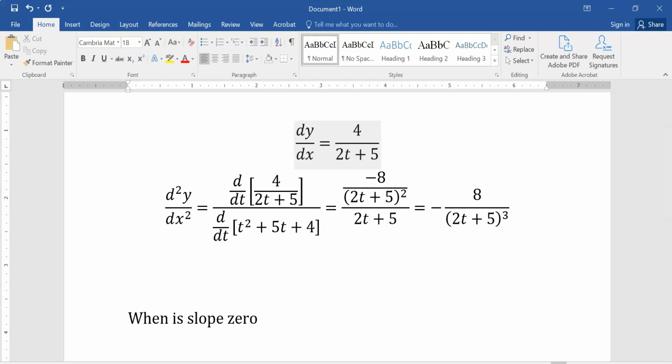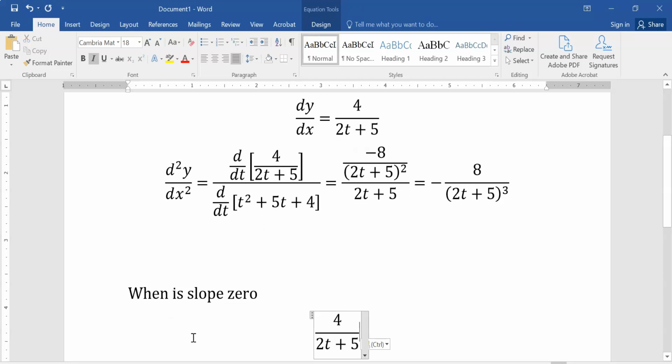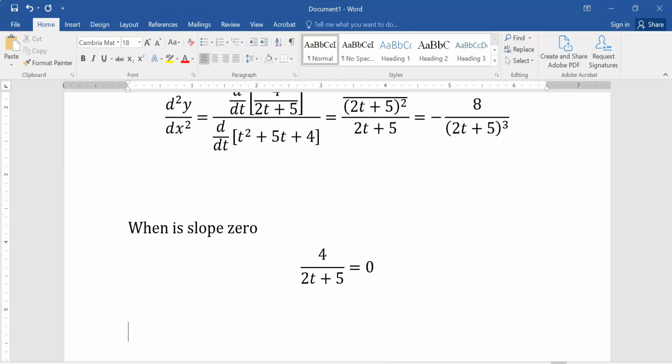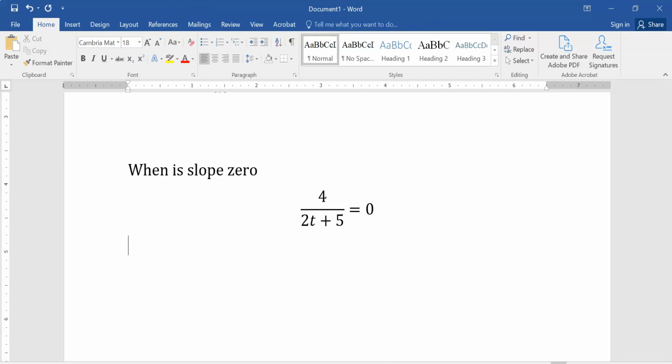So all we have to do is take this first derivative, which in our case is 4 over 2t plus 5, and set it equal to 0. Now, what values of t does that happen for? Well, it never happens. There's no value of t for which you can make that fraction 0. So the slope being 0 never happens.